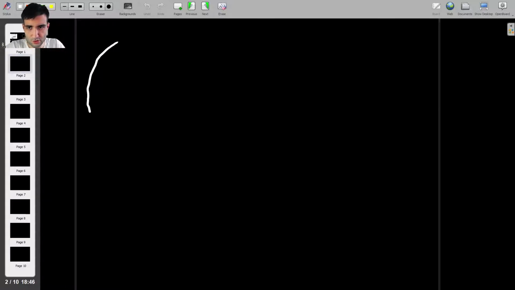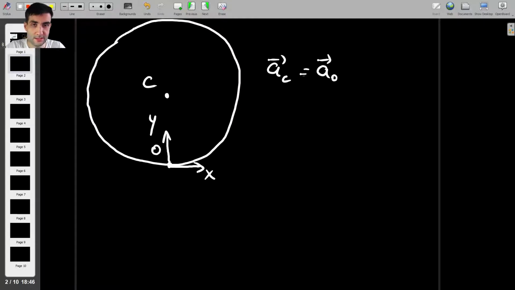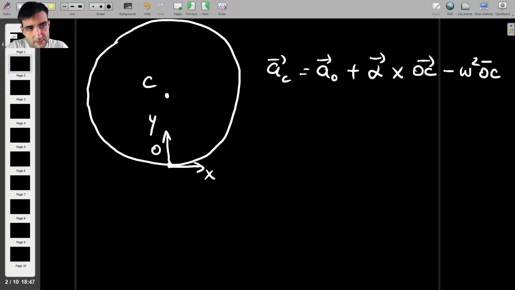If I redraw the cylinder here again, we've got point C and point O, and I'll put my coordinate system like this, with my x and y axes. Using Euler's equations for acceleration, the acceleration of point C is equal to the acceleration of point O plus alpha cross product with OC, minus omega squared OC.